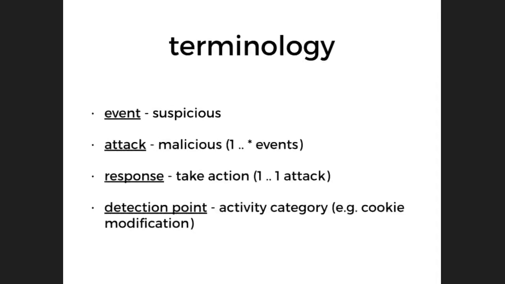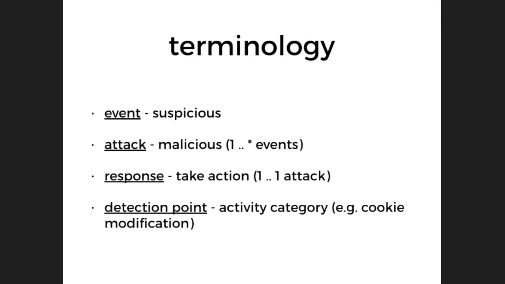Terminology, I'll try to keep it short, but these are going to be important when we get to the diagram. An event in AppSensor, somewhat IDS-ish, and we do have a longer form glossary if you get interested and want to go read about it. An event is something that's suspicious but not necessarily bad, but we think it might be bad in aggregate.